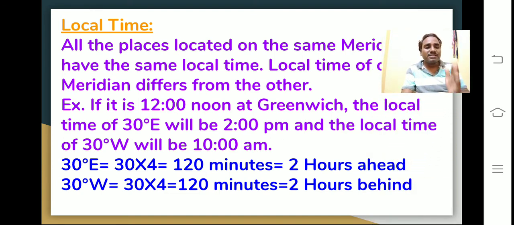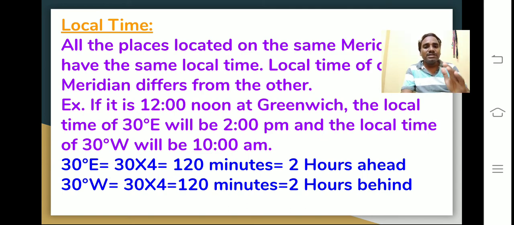All the places that fall in the eastern hemisphere will be ahead, and all the places in the western hemisphere will be behind the Greenwich Mean Time. Now 30 degrees east, so let us convert it into hours. 30 into 4 minutes, because each longitude takes 4 minutes. 30 longitudes means 30 into 4 equals 120 minutes, which means 2 hours ahead.